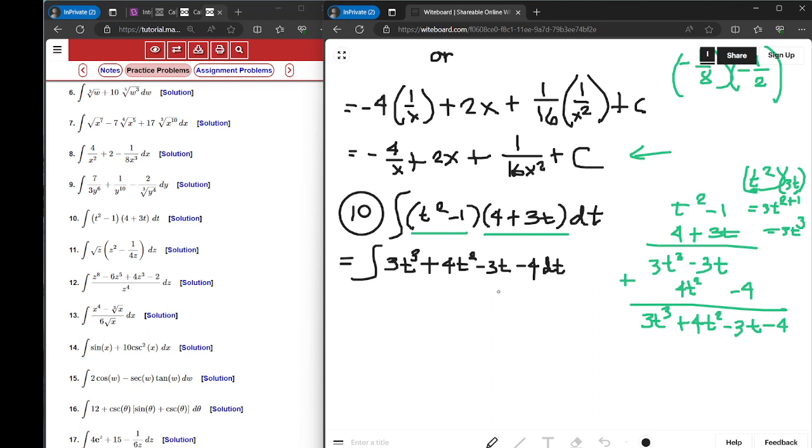Again, what is between the integral sign and dt should be integrated.